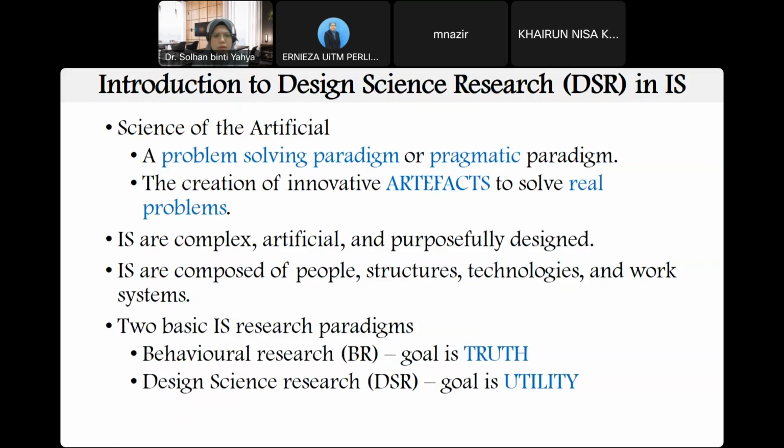All right, what is design science? This is not new. It's about the science of the artificial. Design science actually focuses on proposing a solution or creating an innovative artifact to solve a real problem. And again, the real problem. Is the real problem coming from the literature? Not necessarily.